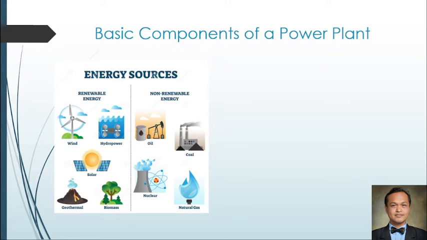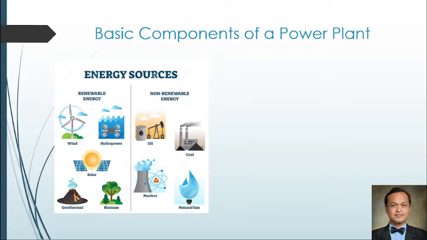First is the source of energy. Depending upon the source of energy, the power plant can produce electricity. We all know that there are two types, renewable and non-renewable energy. These sources of energy are fed into a prime mover, except for solar.